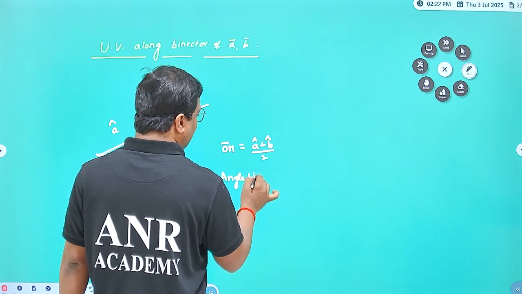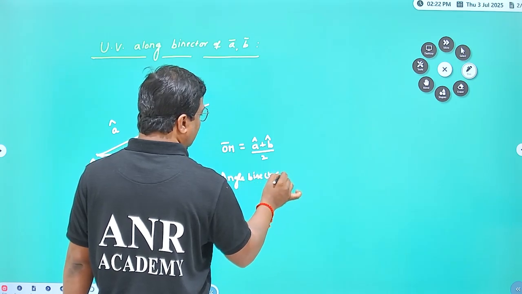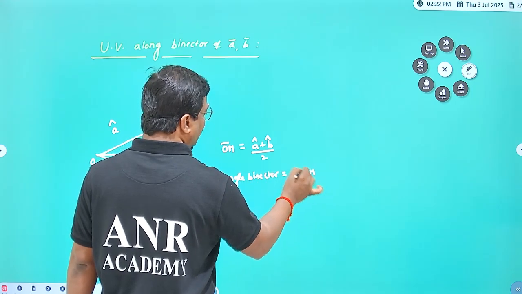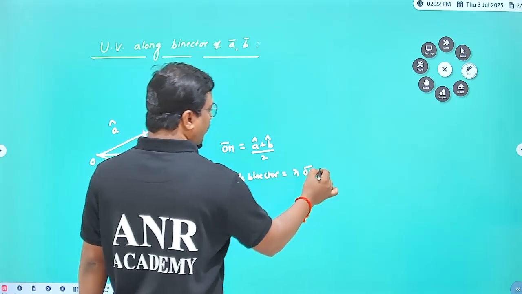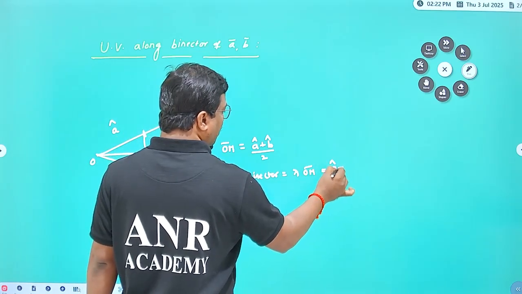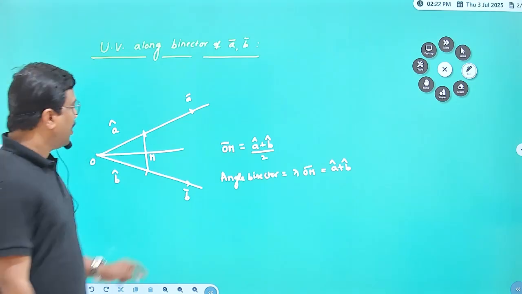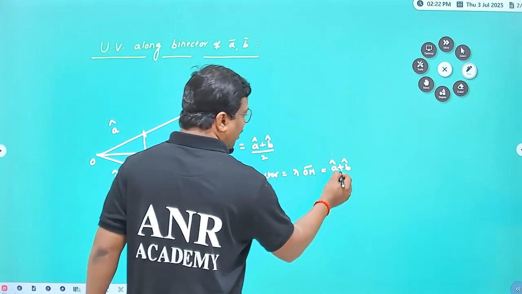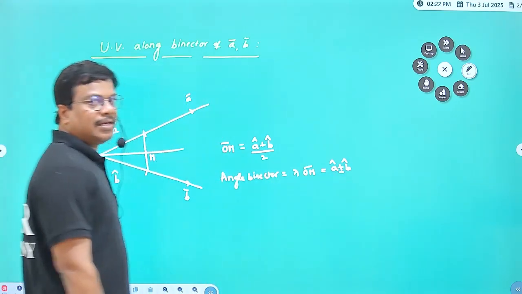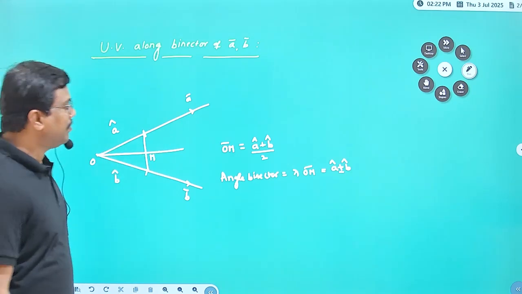So the angle bisector is written as some lambda into OM, that is something into a cap plus b cap. And in the other direction, you may also write a cap plus or minus b cap.